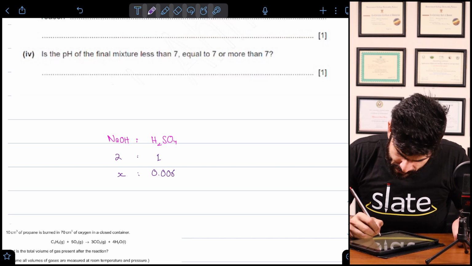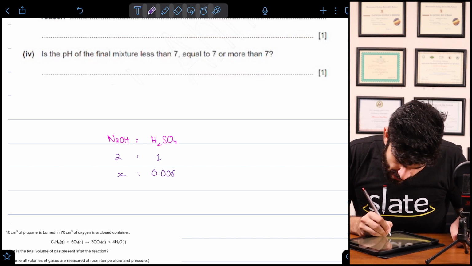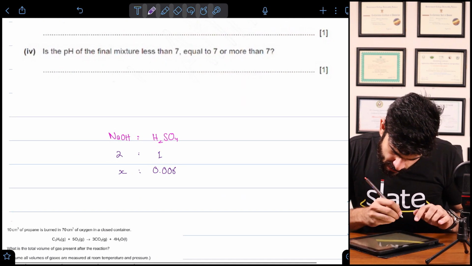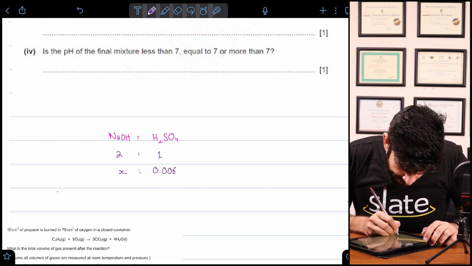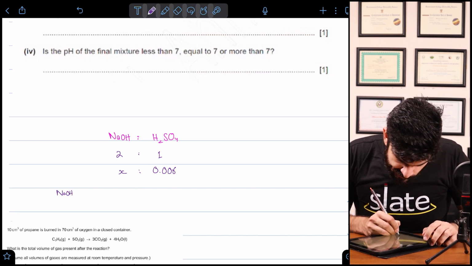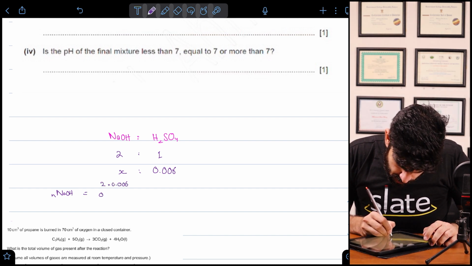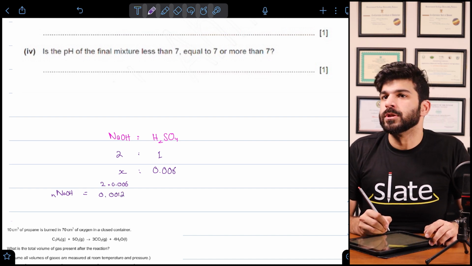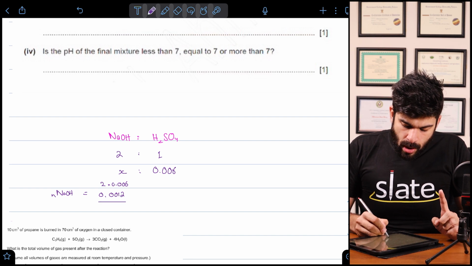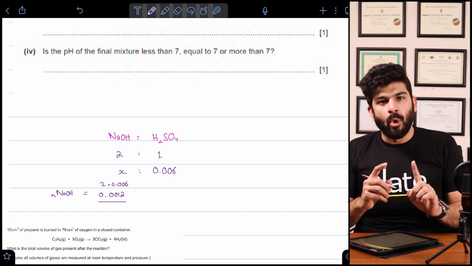So we do the cross multiplication, and as per this calculation, the moles of NaOH should be 0.0012 moles. So that should have been the moles of NaOH.